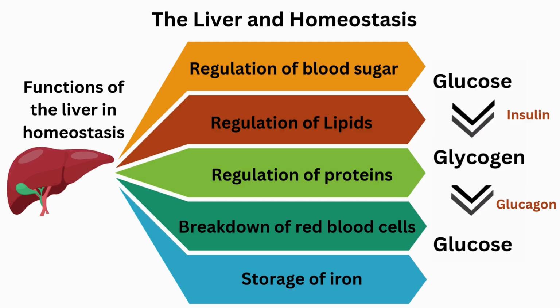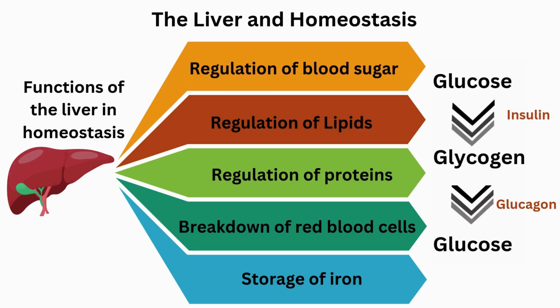The liver performs numerous functions that result in homeostasis, and these include regulation of blood sugar. The liver is capable of converting excess glucose into glycogen, which is the animal starch, under the influence of a hormone called insulin.